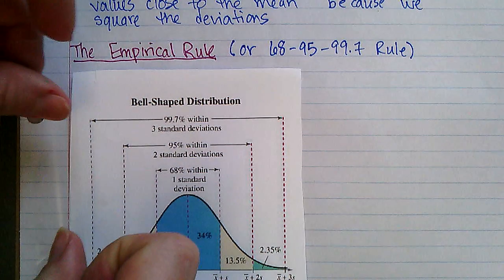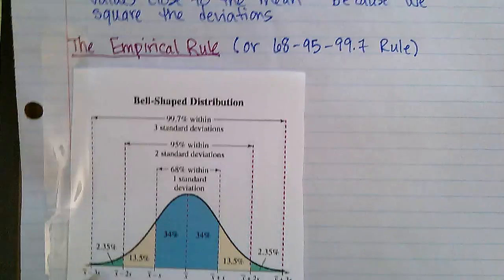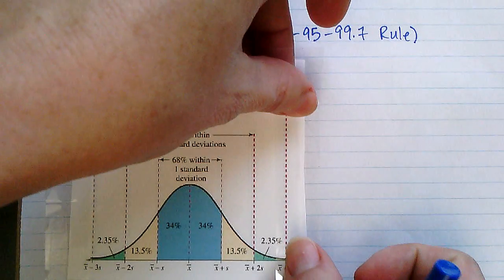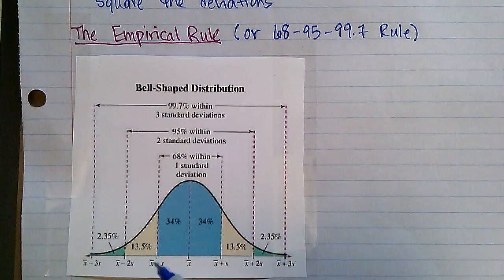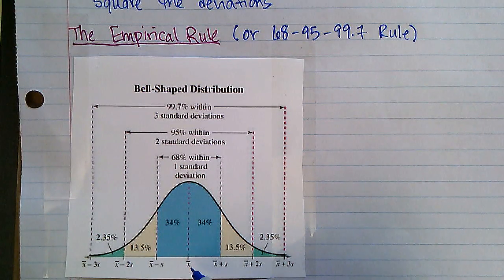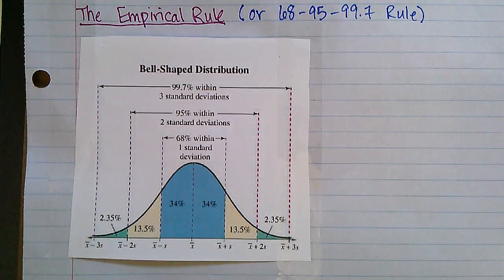So for a data set that has this bell-shaped distribution, remember we looked at that. It was a symmetrical distribution. We talked about it last time. And I said that the mean would be near the middle of that distribution, and that's also where the median is and the mode.